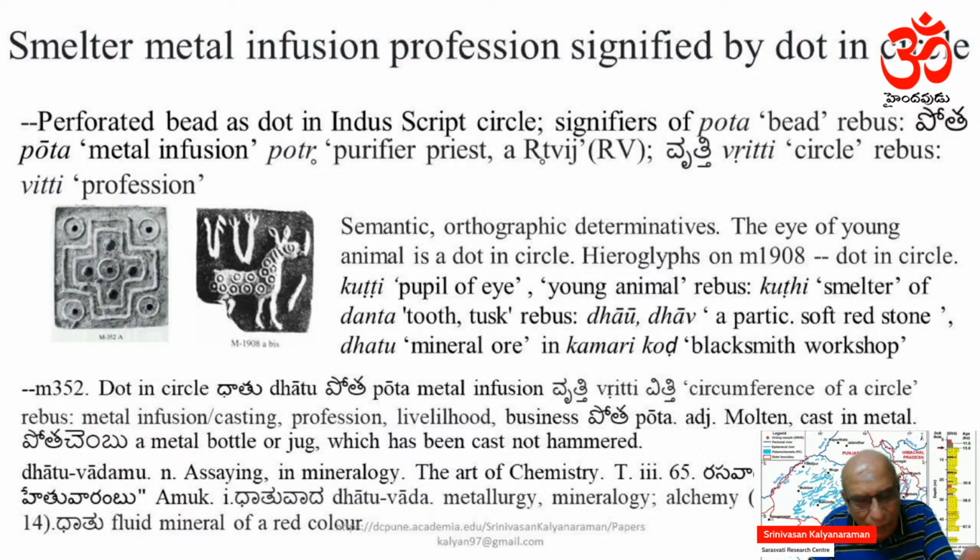It could be kana, it can be a small little drop, or it can be a kuti, a pupil of the eye. Kuti, it can be a smelter. So a variety of readings is possible from the same symbol. We can present all of them and leave it there. And as we go along, and we can find repeated representations in different pictorial contexts, we'll be able to pin down which word to choose. Next, please.